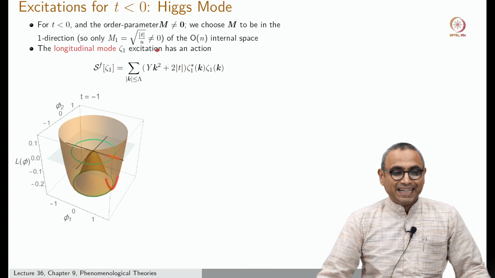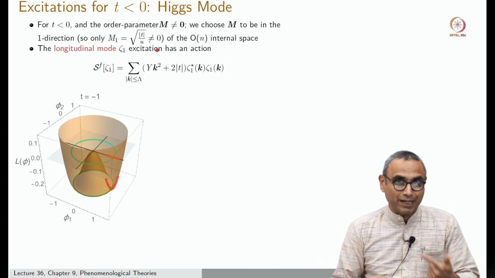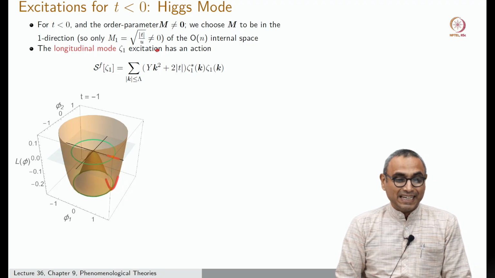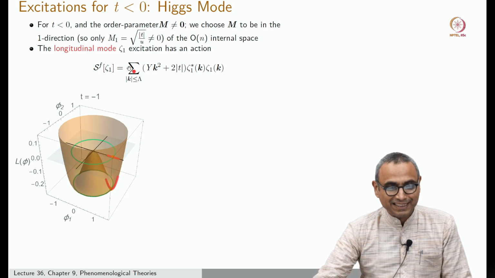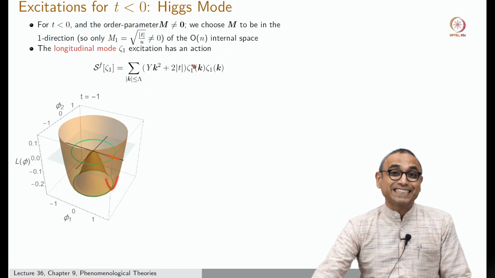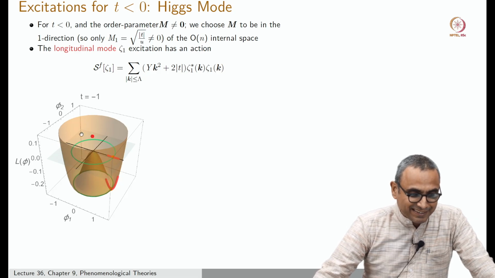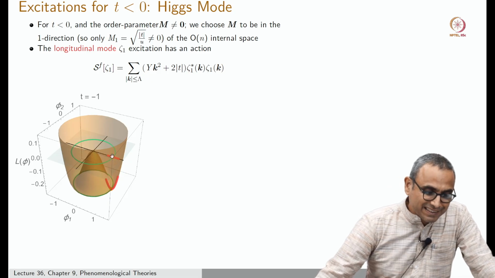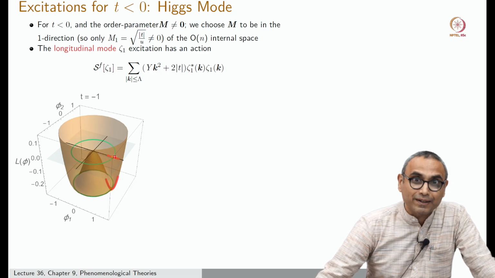Okay. So, we saw in the last lecture that there is something called the longitudinal mode. That longitudinal mode has an action which looks like this. We have seen this before. So, let us see what the longitudinal mode is doing. This plane here is the plane of phi 1 and phi 2, and this slightly orangish colored point here is the point of m1. That is where the symmetry is broken.